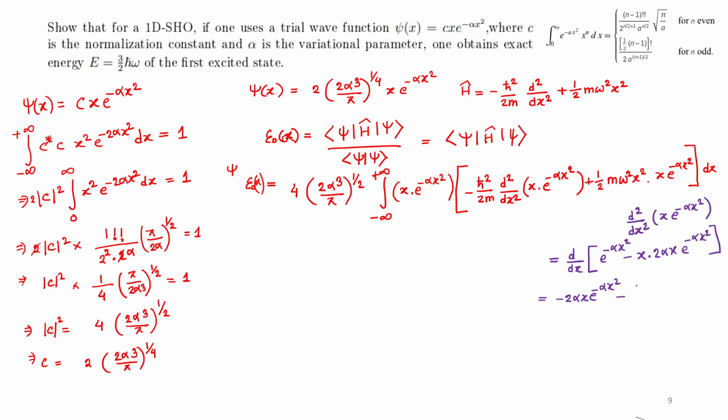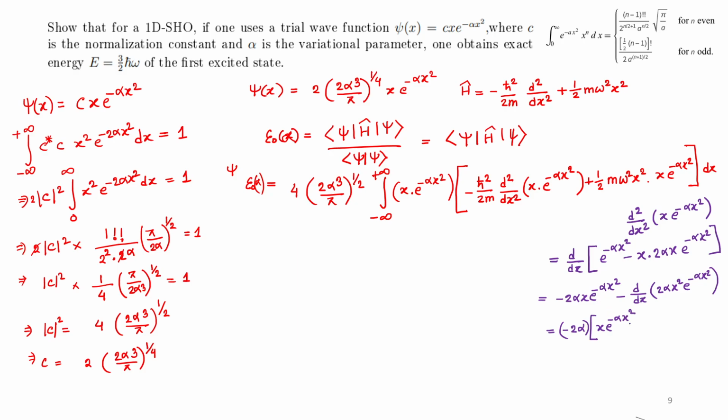Then we have d over dx of 2 alpha x square, this one. Minus 2 alpha, let me take common: we have x e to the power minus alpha x square.